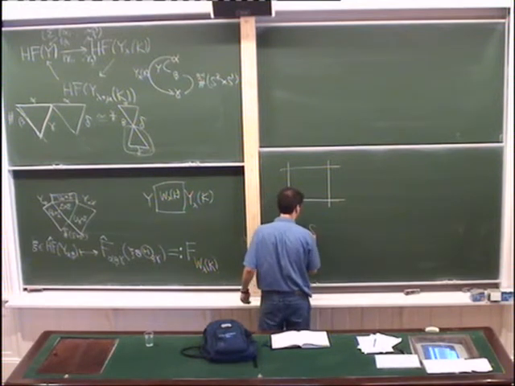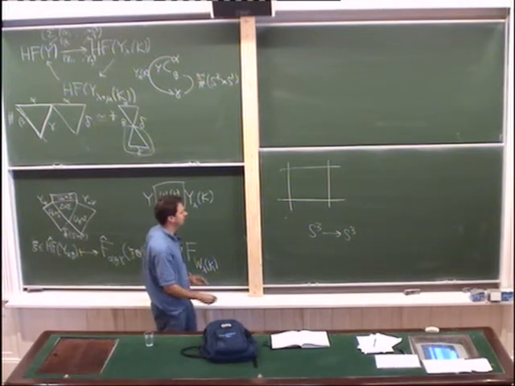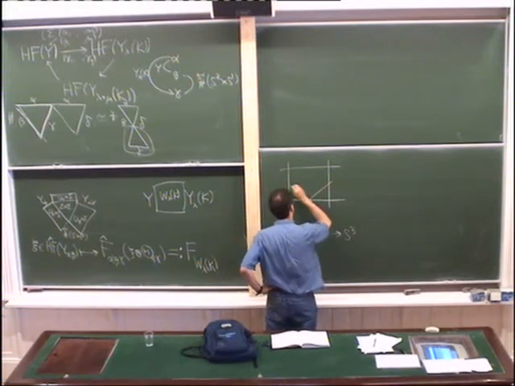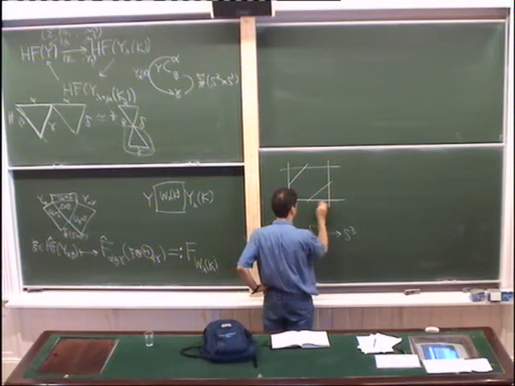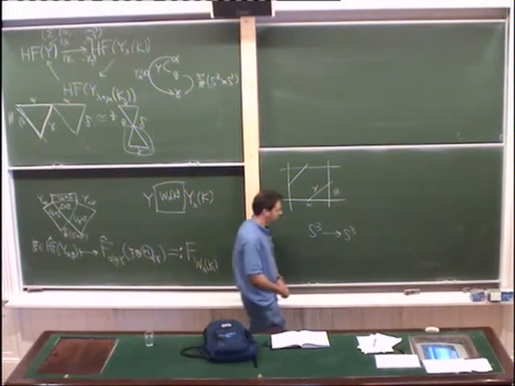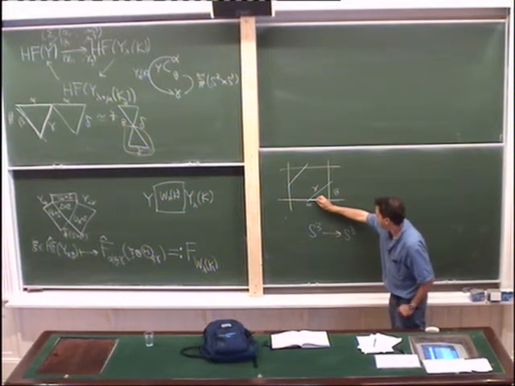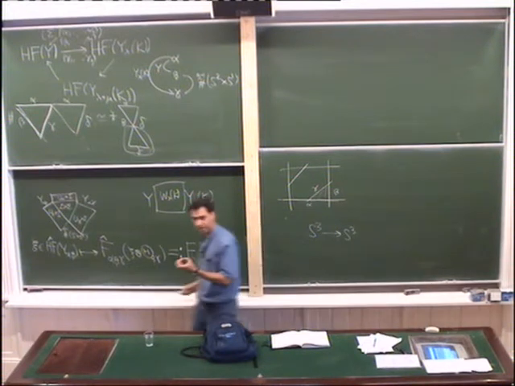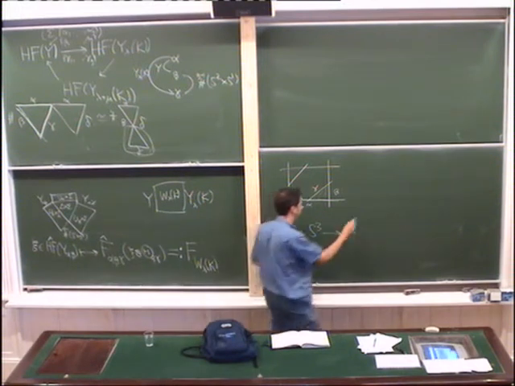So if we go from S3 to S3, suppose, how should we call these things? Let's say this is alpha, beta, and gamma. So the cobordism that I'm specifying here now belongs to the unknot with framing -1. So this cobordism corresponds to CP2.